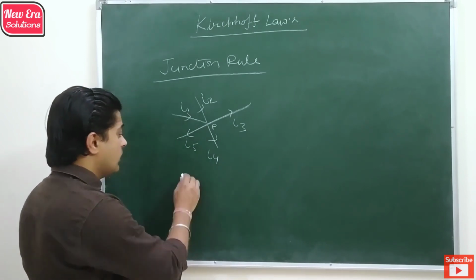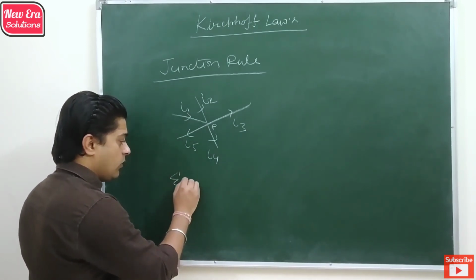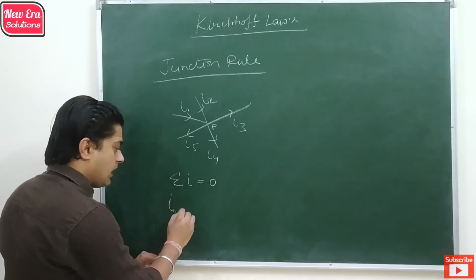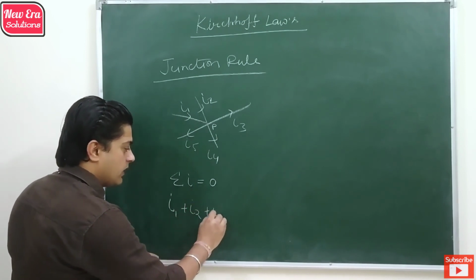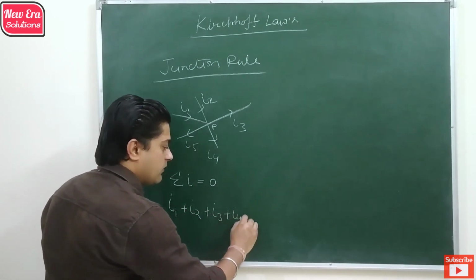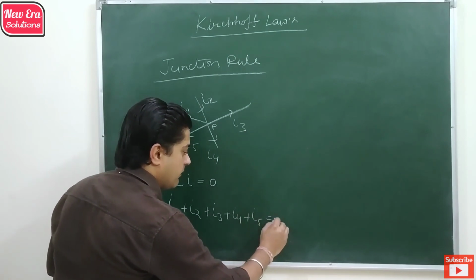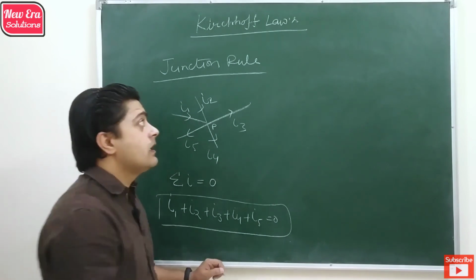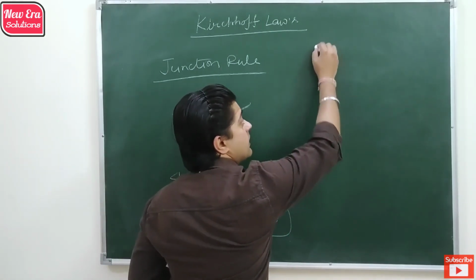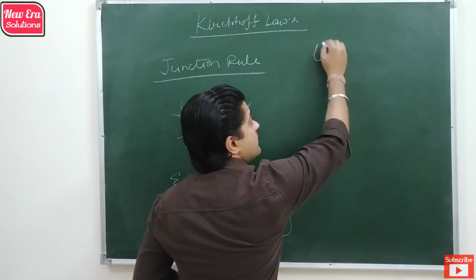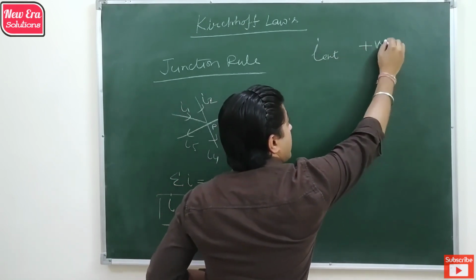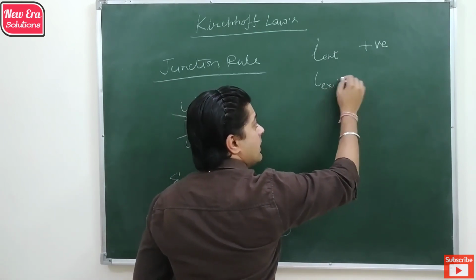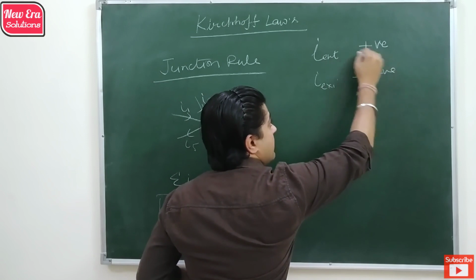According to this law, the sum of all the currents has to be 0, that means I1 plus I2 plus I3 plus I4 plus I5 is 0. This is justified with the sign convention in which current entering the junction is taken as positive and current leaving the junction is taken as negative.